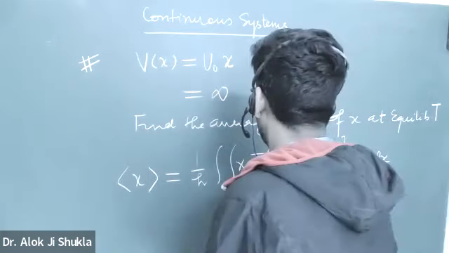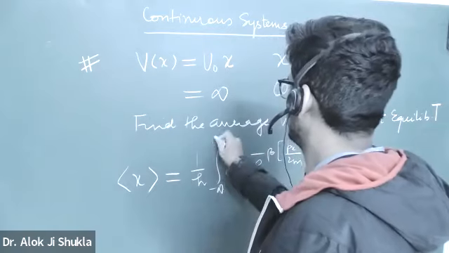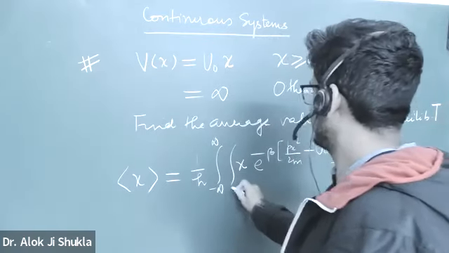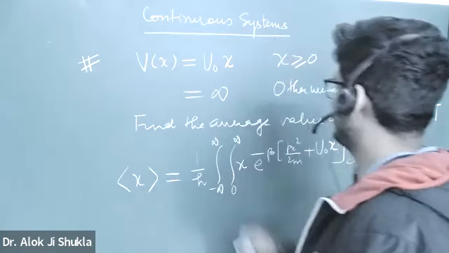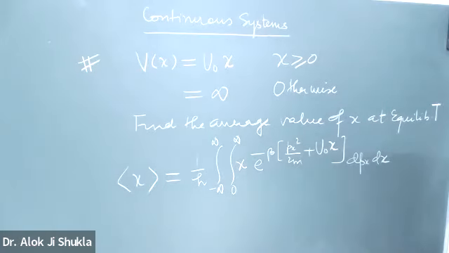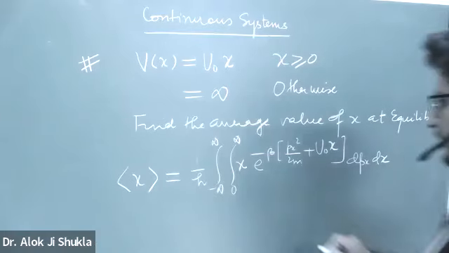So put x here, put the limits of momentum as minus infinity to infinity and limit of x as 0 to infinity, because from minus infinity to 0, x will become infinity, v will become infinity, and that will make the total term equal to 0.